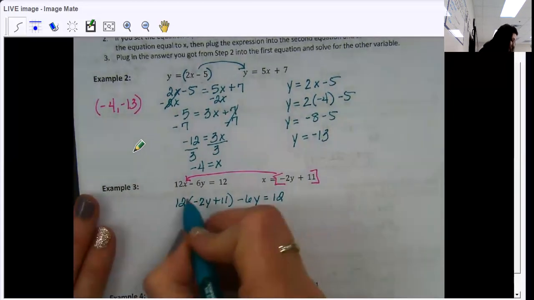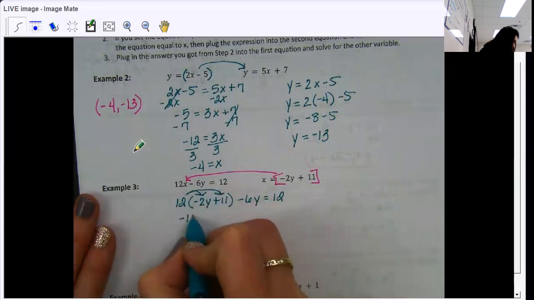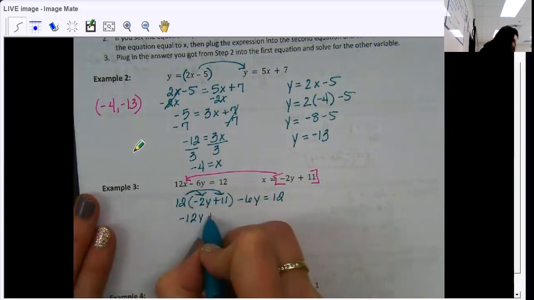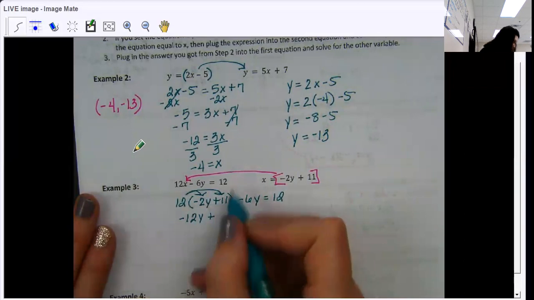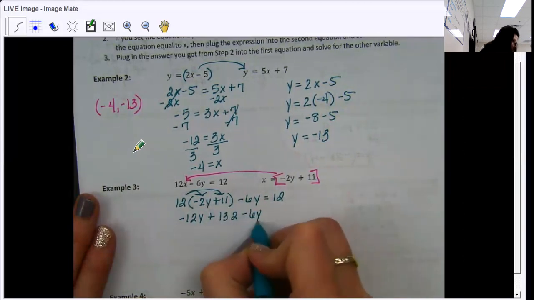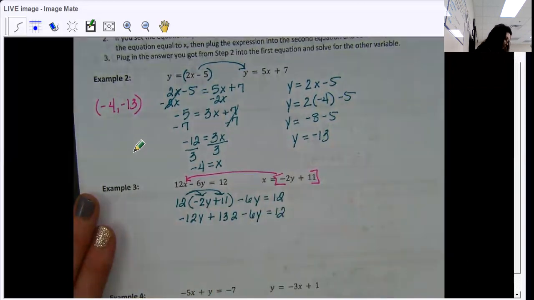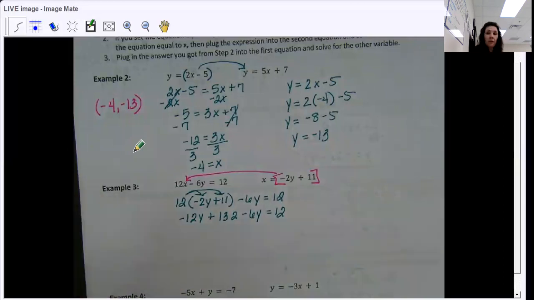Let's go ahead and distribute this 12. We get negative 12y plus 132 minus 6y equals 12. Now we combine like terms.